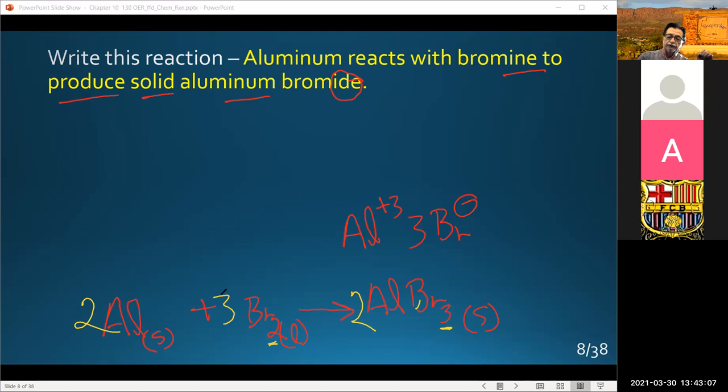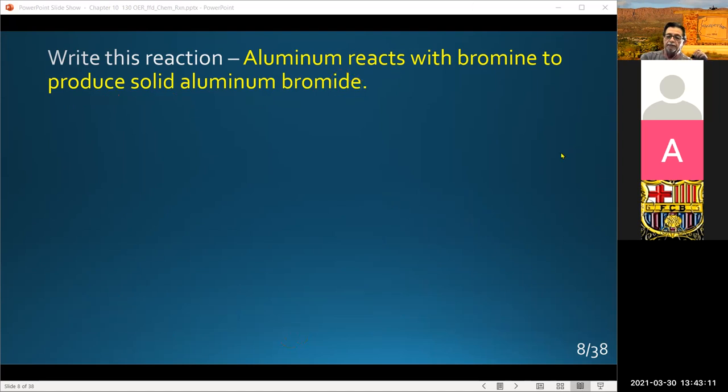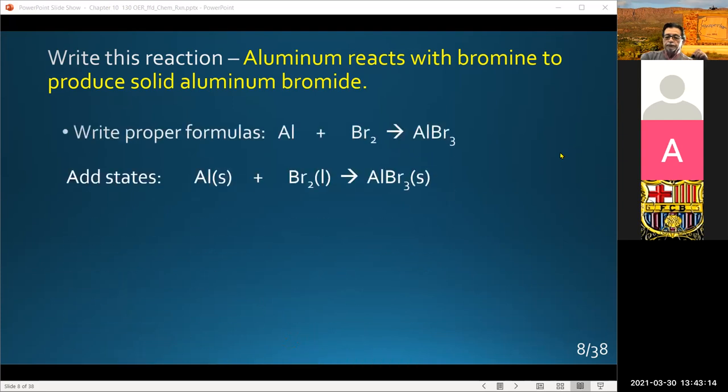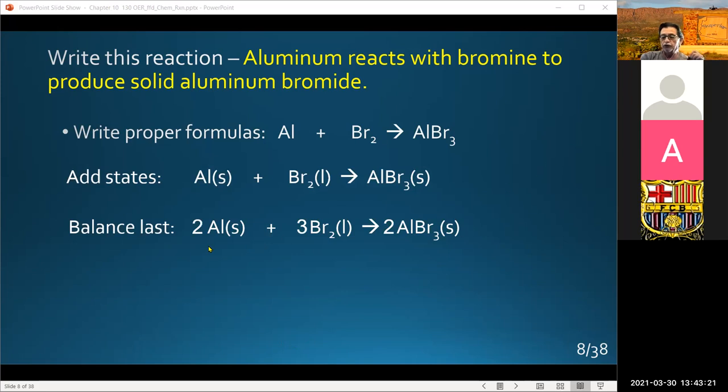Okay, so now it looks balanced. Let me clear this up a little bit. And there, 2, 3, and 2. And now our ratio is 2 atoms of aluminum require 3 bromine molecules. Okay. When they react, they will produce a total of 2 aluminum bromides.